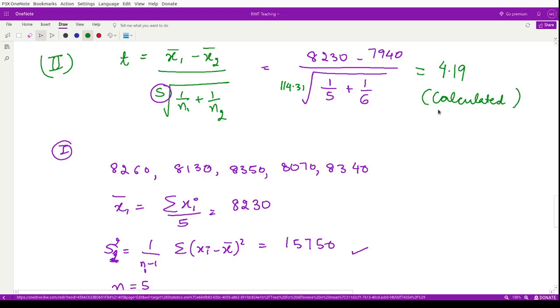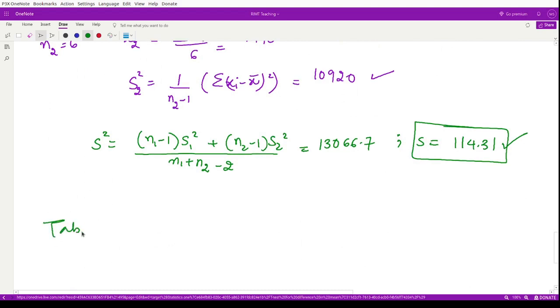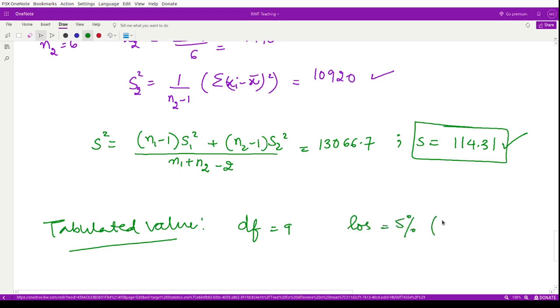So next we are to determine our tabulated value. For that we have to again refer back to the table with 9 degrees of freedom and the level of significance. But because we are having a two tail test, I'm sorry, here it is not 5%, it is 1%. So here we will look for the 0.5% level of significance.